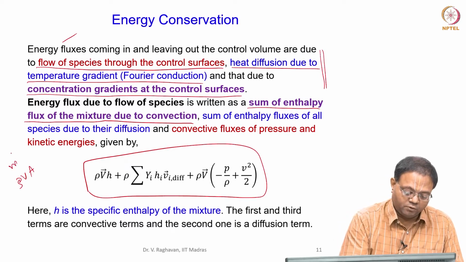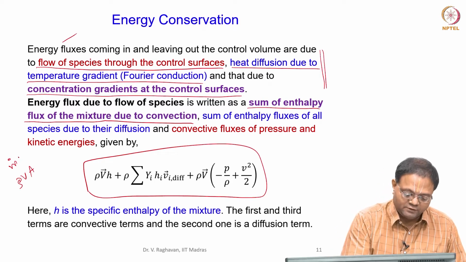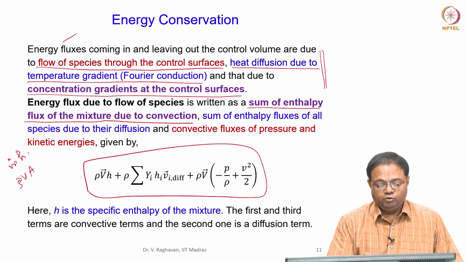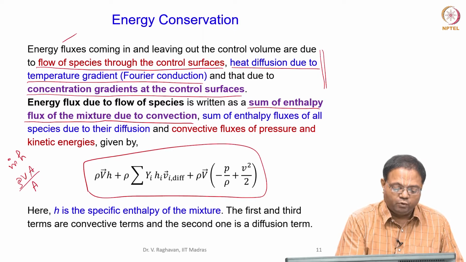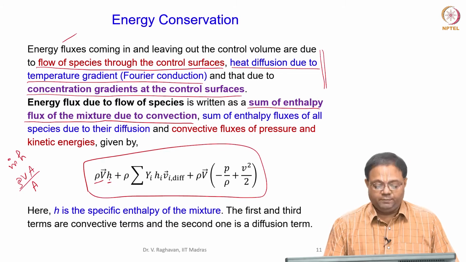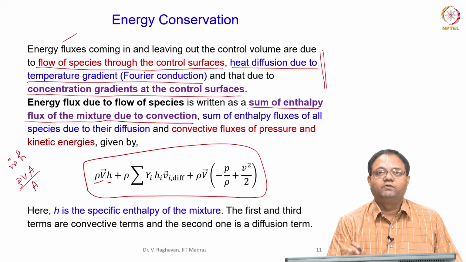So, that is m dot, okay, into the energy which is transferred with this, for example, enthalpy H is transferred. So, that term. So, sum of enthalpy flux. So, this per unit area will give rho V. So, rho into V into H, the specific enthalpy, that will be the first term, that is sum of enthalpy flux of the mixture due to convection.